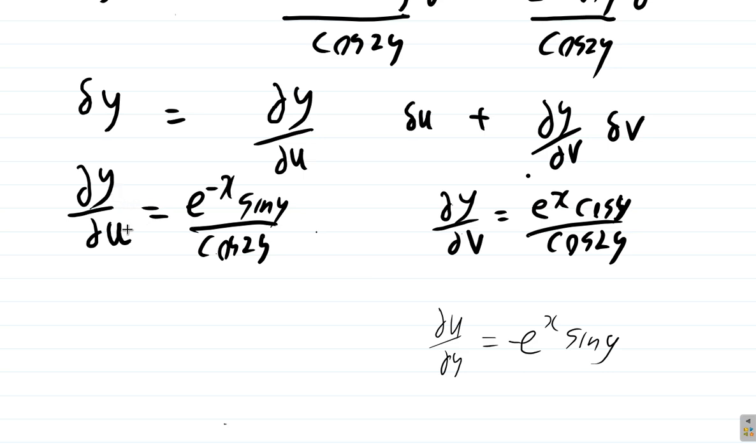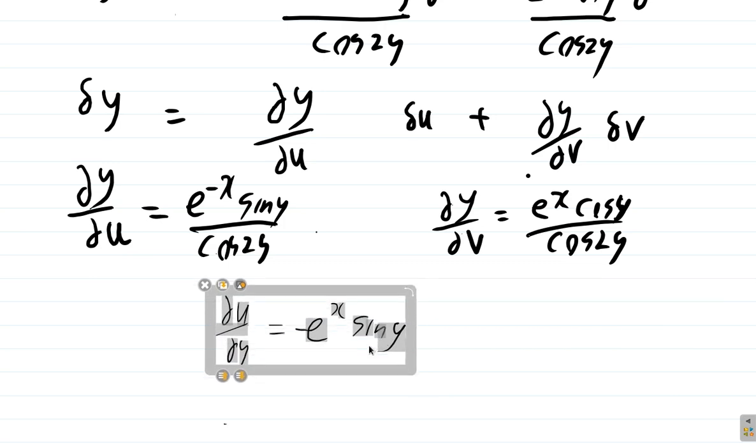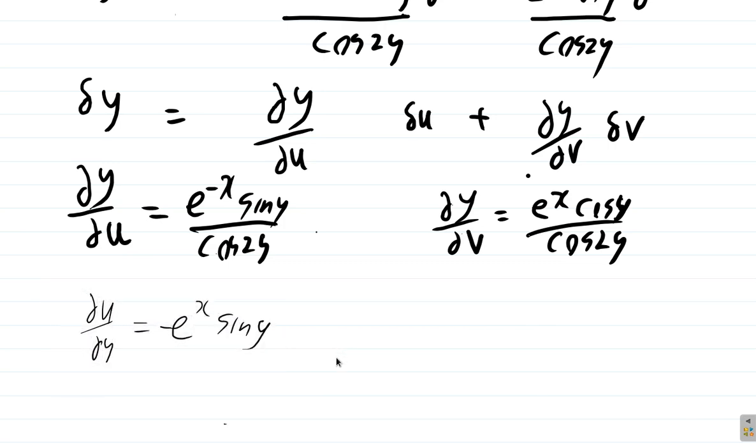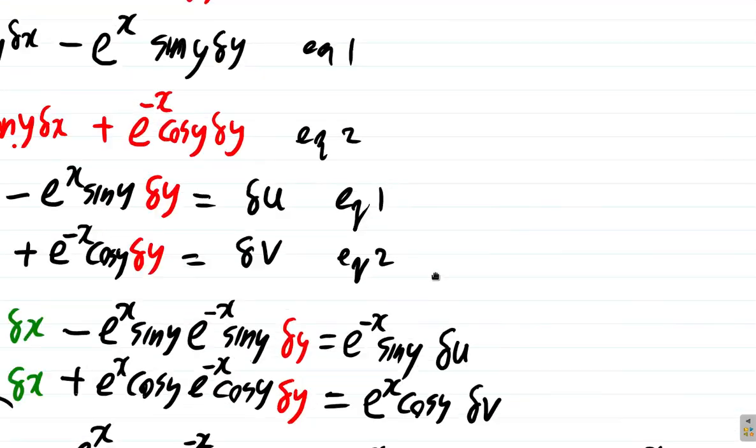Alright, so delta y by delta u, right? This is delta u by delta y. From earlier, what was delta v by delta y again?